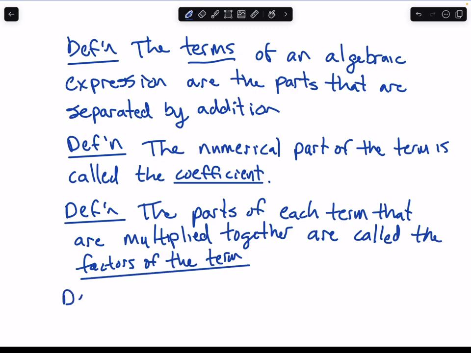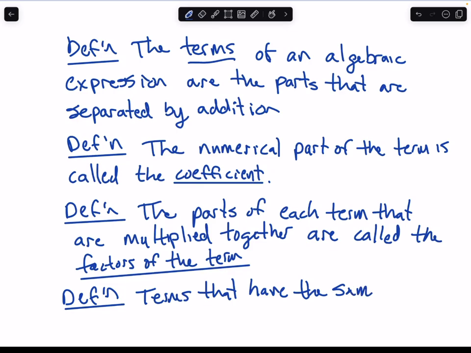And finally, terms that have the same variable factors are called like terms.